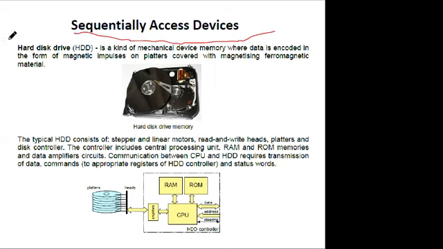An example is the hard disk drive that we use as the secondary storage in computer systems. Hard disk drives are the biggest sequentially accessing devices that we use today. Basically, it is a mechanical device.